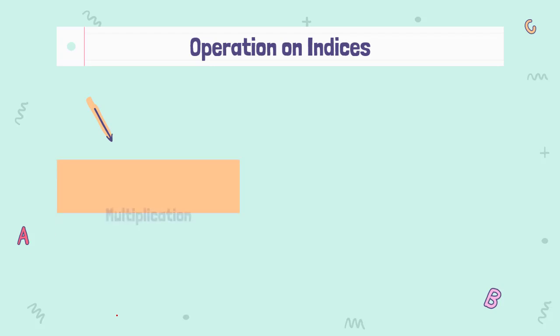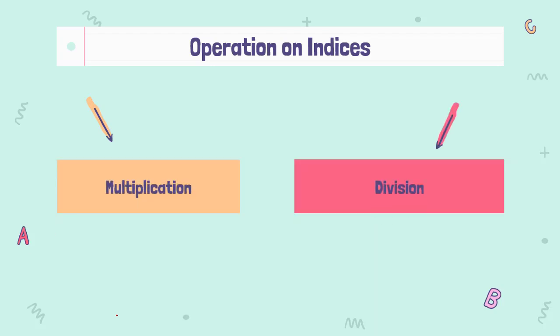There are multiplication and division. So, what about addition and subtraction? Well, the addition and subtraction will be contained in the multiplication and division operations. But in this meeting, we just focus on the multiplication operation.